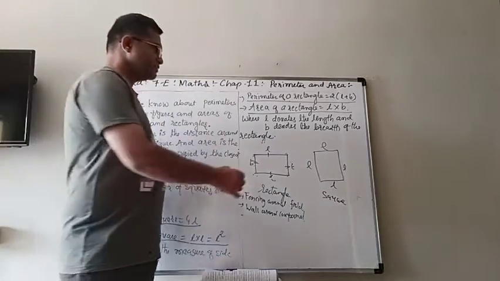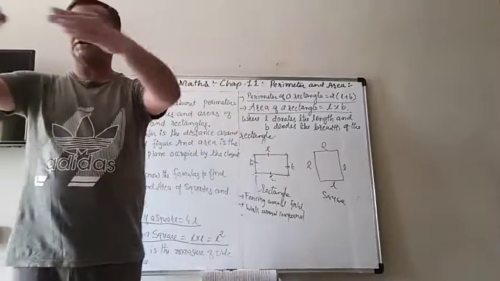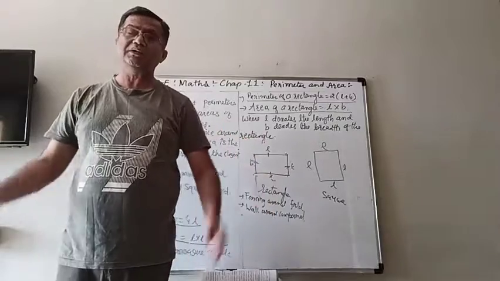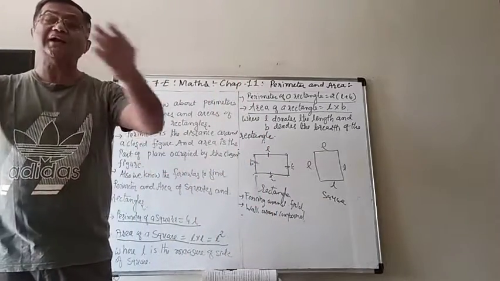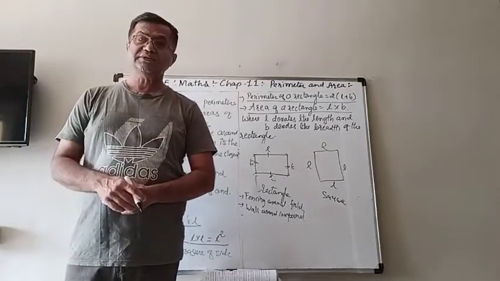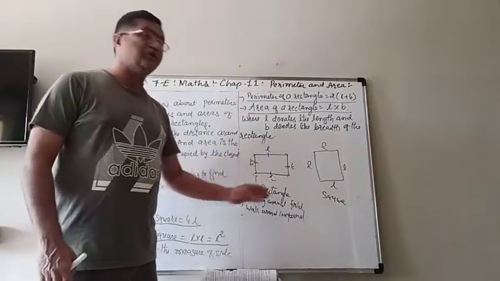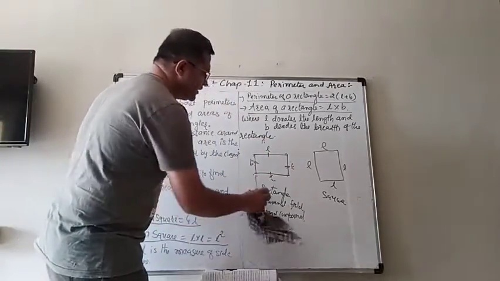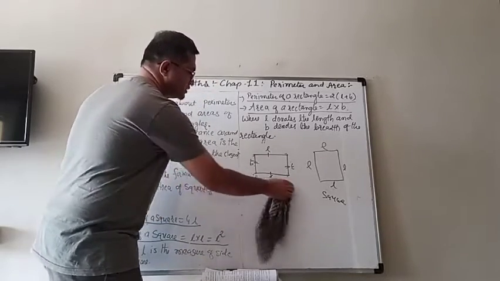Your house is there, and in the courtyard there is a place, and you want to build the walls. So that is also around, meaning in this situation where something is done on its boundary, you have to find the perimeter.